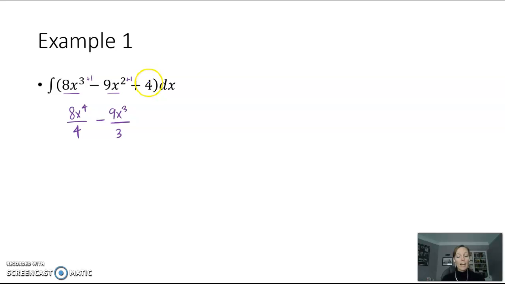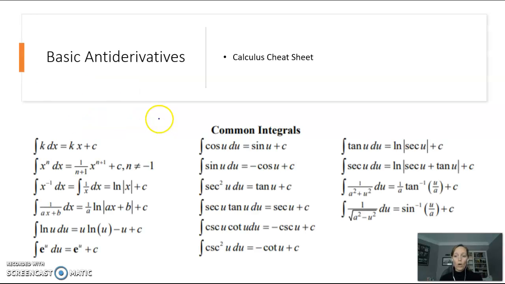On this last one here, I have a constant, so thinking about how we derive to get to a constant, we have to go ahead and put an x to that. So this is like having an x to the 0. If I'm going to add 1 to the exponent, then I'm going to end up with a 4x to the first power, which is just 4x. Every antiderivative, and you'll see it on your cheat sheet as well, always has this plus c.